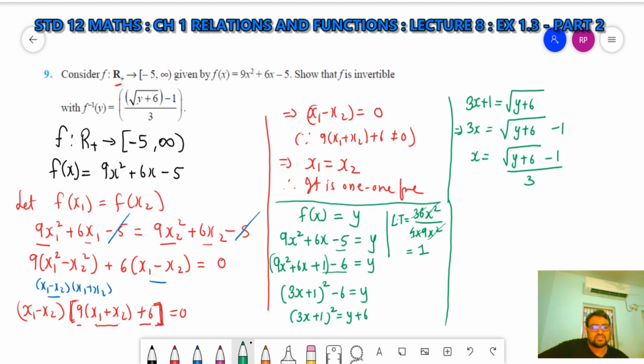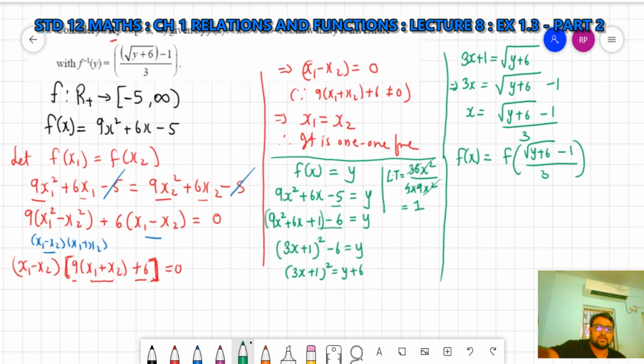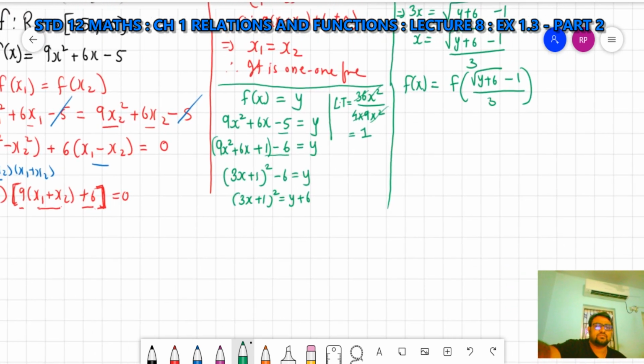Okay, now I will take f(x) equal to f of square root of y plus 6 minus 1 by 3. Okay, when I will solve this, see what I get.